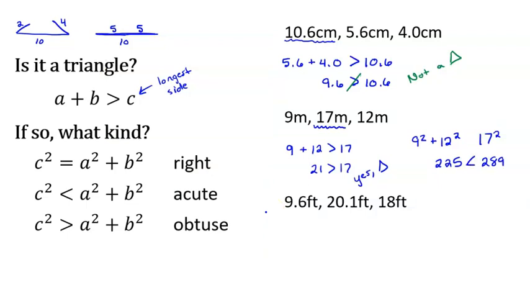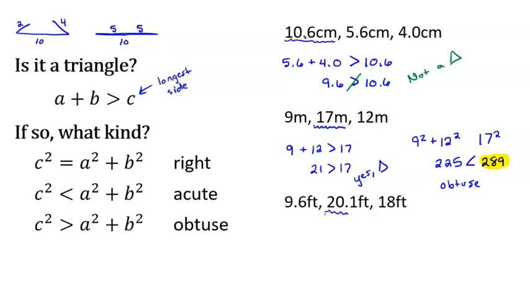And that means that c squared, because remember I always want to look at what's on this side, is larger than my sum, and so that makes this one obtuse because c squared is larger than the sum.